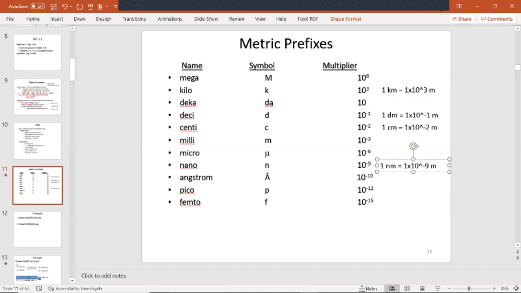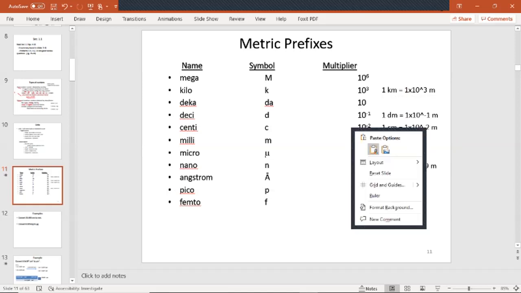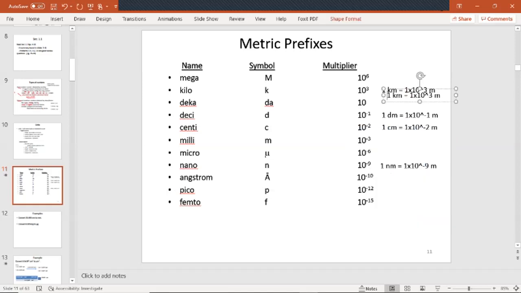Now you may see this written differently. One way you can write this: 1 kilometer is 10 to the third meters, or you can write 1 meter is 10 to the negative 3 kilometers. Whichever you use, it's the same thing. It's just different on what you define as 1. If we define 1 kilometer, then it's 10 to the third meters. If we define 1 meter, it's 10 to the negative 3 kilometers.